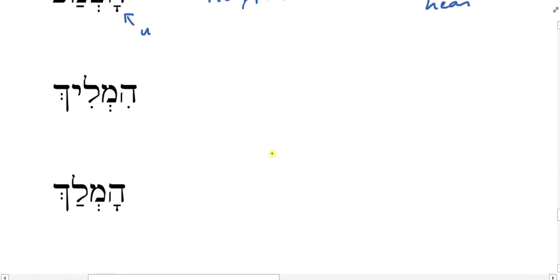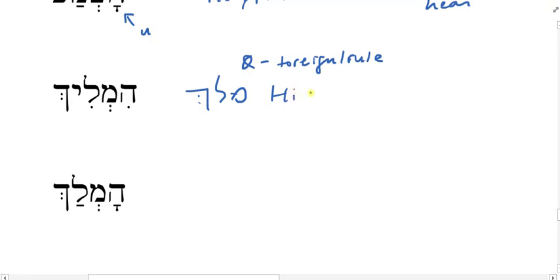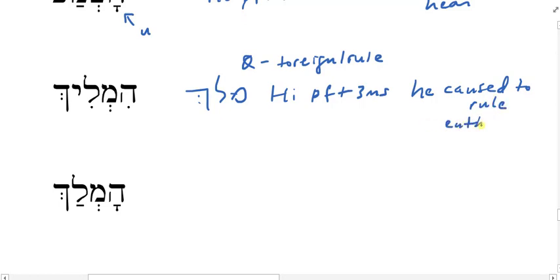Now the next one is hemlich from the verb malach. What does the verb malach mean in the Qal? Yes, to reign or rule. Good. And the Hiphil, this is a Hiphil perfect again, 3ms. So how would you translate that? That's right. He caused someone to rule. And another way to say that is he enthroned. Okay?